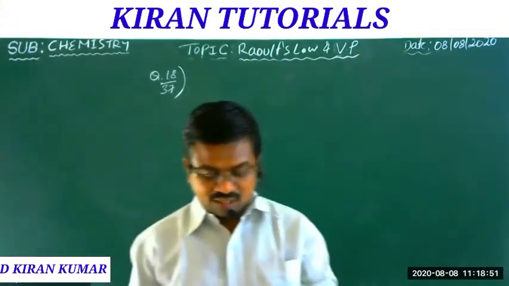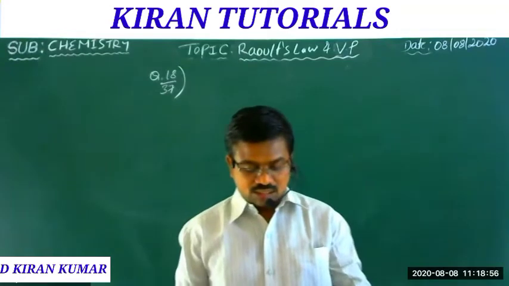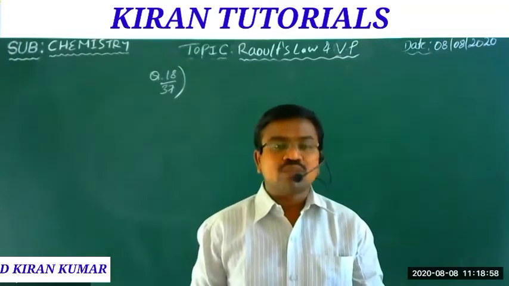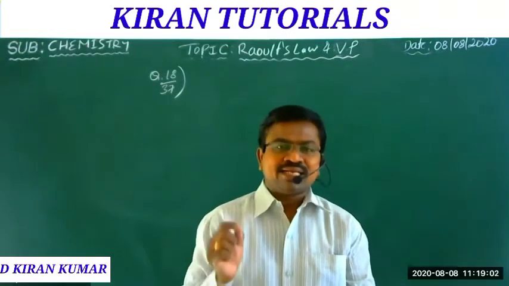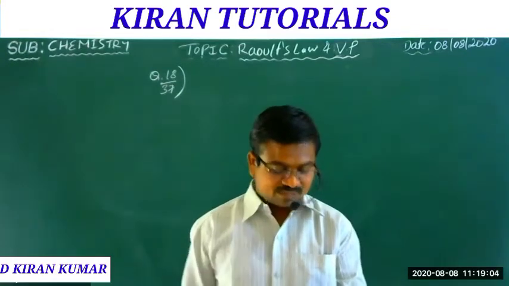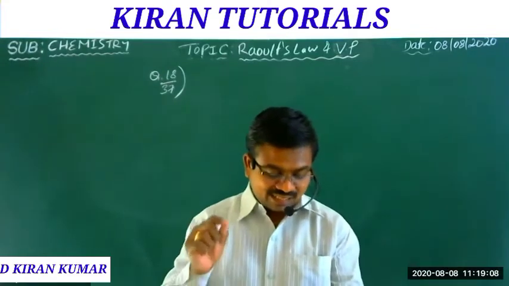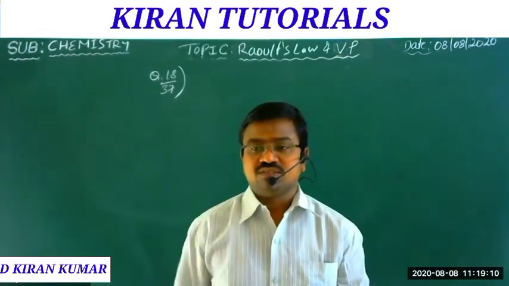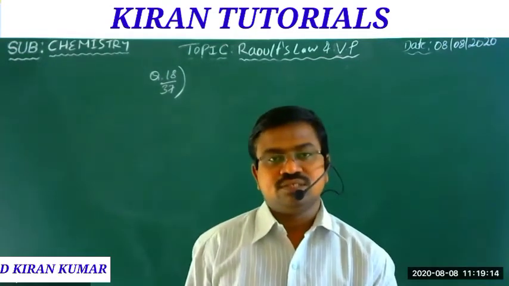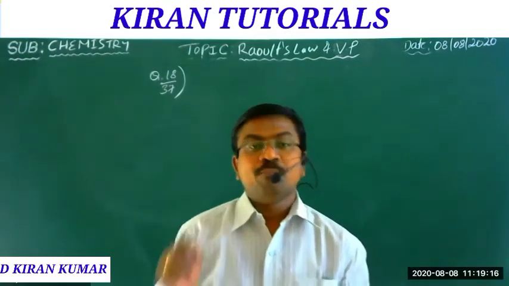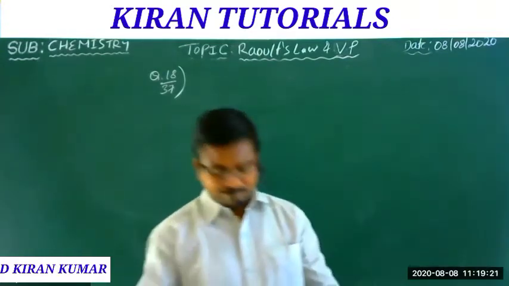What is the question? A 20 ml sample of copper sulfate solution was evaporated to dryness, leaving 0.967 grams of residue. What was the molarity of the original solution? So we have to calculate the molarity of the solution. What is the formula?